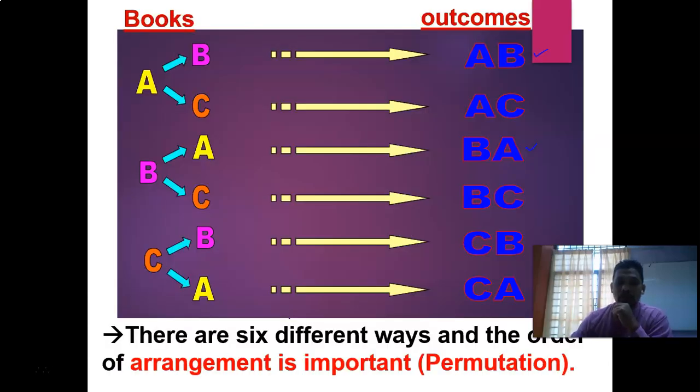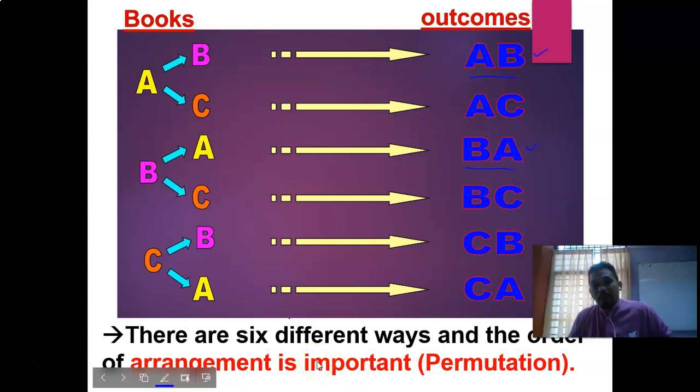Look at this one here now. If we talk about arrangement, there are 6 of them. But if arrangement does not matter, it's not important, then AB and BA, we consider as 1. For the arrangement question, arrangement is important. The other way around, if arrangement is not important, AB and BA are counted as 1.